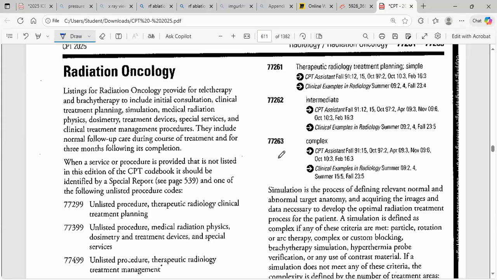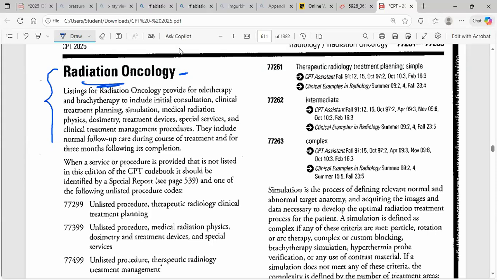So these are the sections of radiation oncology. This is a little bit of a big topic, so we will complete it in the next session.